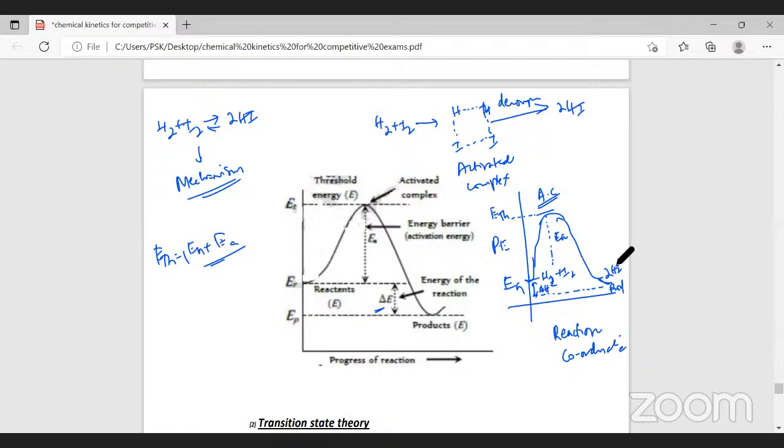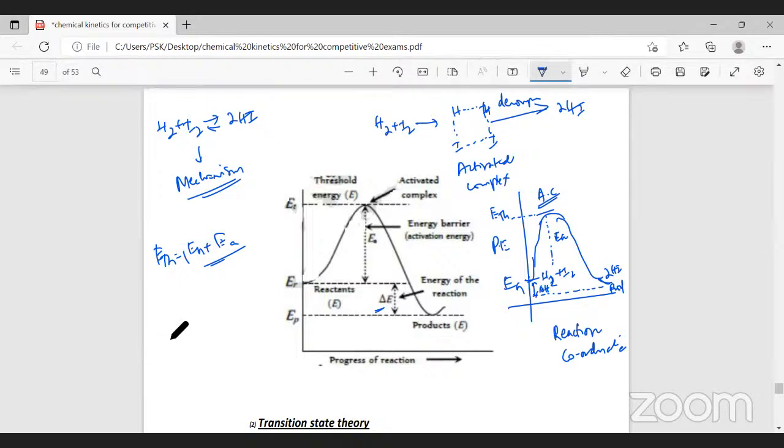So for a molecule to undergo effective or fruitful collision, it has to overcome two barriers. One is called the energy barrier, that means the molecule should gain threshold energy. The second one is called the orientation barrier.